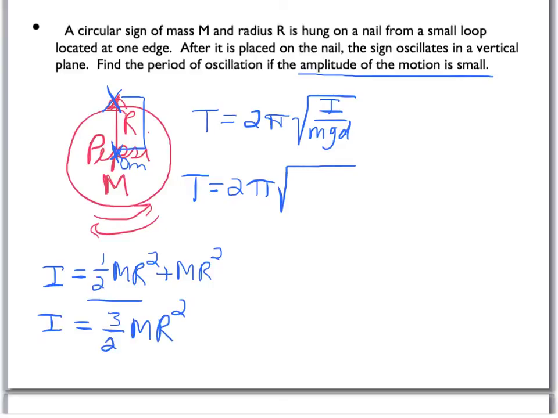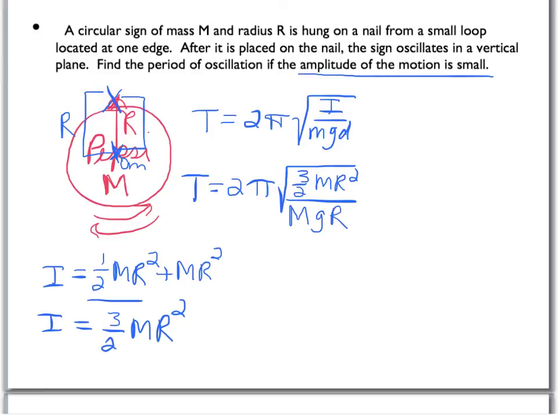So that can go in for I. For the m coming down here, again, it's still just the mass of the sign. G would, of course, just be gravity on Earth. And d, again, is the distance from center of mass to the pivot point. So again, that is also an r distance.